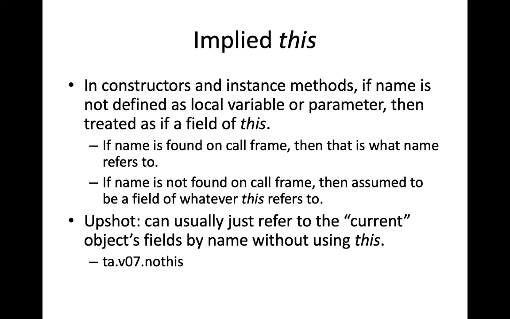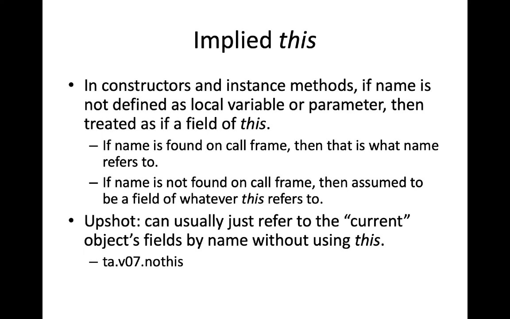And often I need this keyword in order to get to those fields' values in order to be able to use them. It turns out that those field names, right? Like what happens when we encounter a name inside a method? Well, we look on our call frame and we try to find that name in our list of names that we know about that are in scope in our call frame, right?